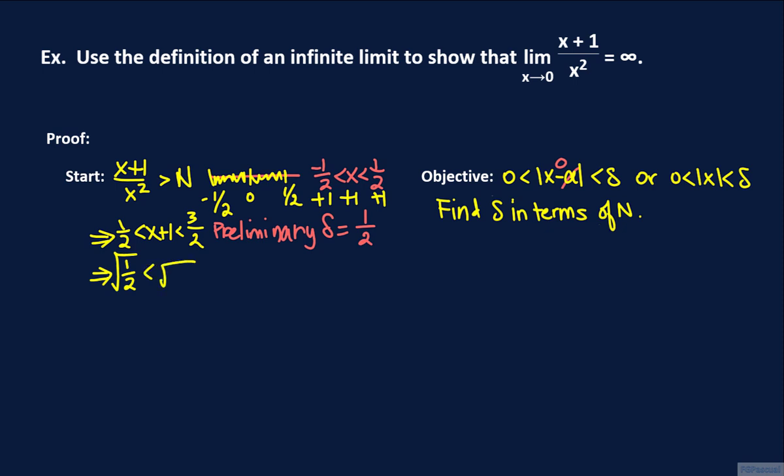The square root of 1/2 is less than the square root of x plus 1 is less than the square root of 3/2. We take the reciprocal of each part and get the square root of 2 is greater than 1 divided by the square root of x plus 1 is greater than the square root of 2/3.